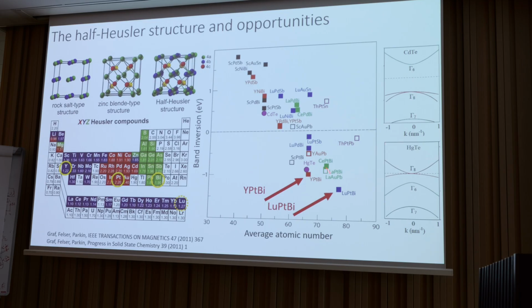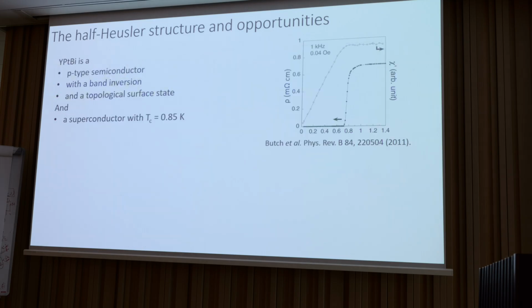So these are the ones with the largest band inversion, so they have very robust topological states at the surfaces. Now, I'm going to talk about surface superconductivity, but it will turn out that these topological surfaces are not how superconductivity is generated, but there are other things going on.